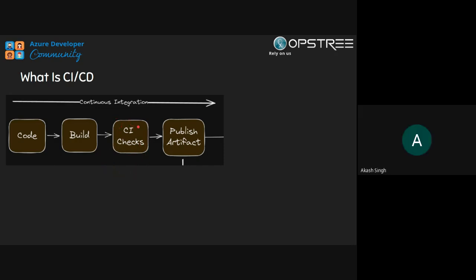So the CI pipeline will run from code to publish artifact. Correct. So it includes the testing part. I think yes, there will be a stage for testing. The first stage will be code, then build, then testing, then security check, something like that. So each step has its own functionality.